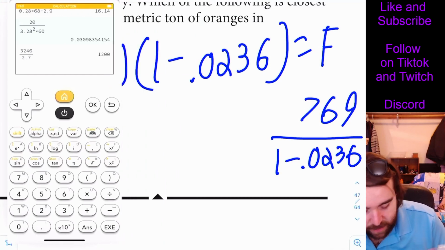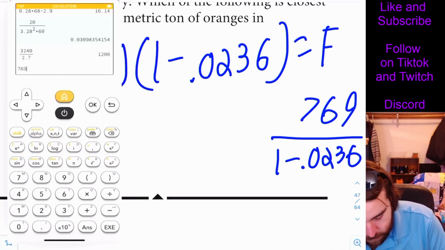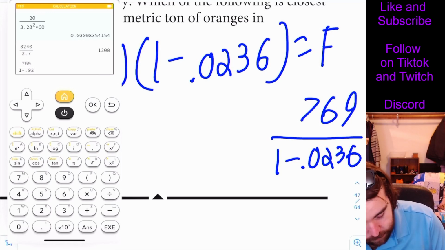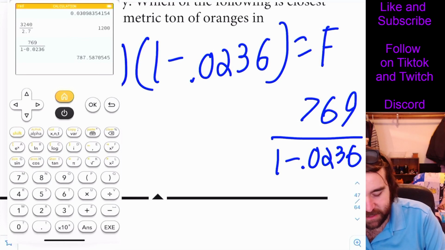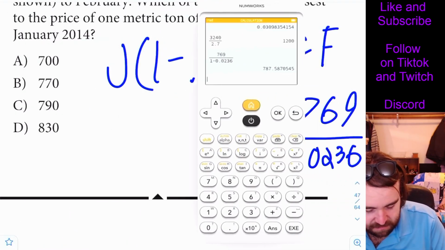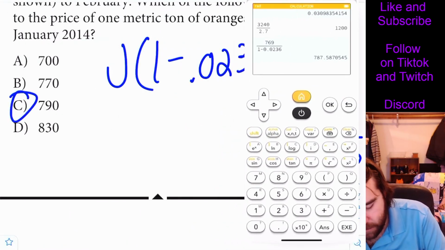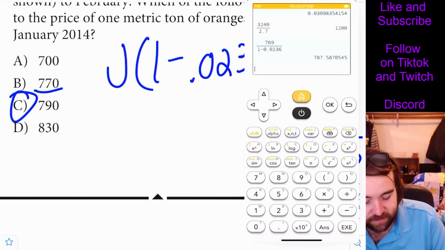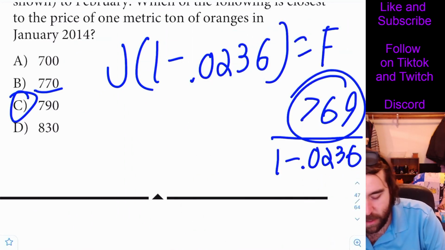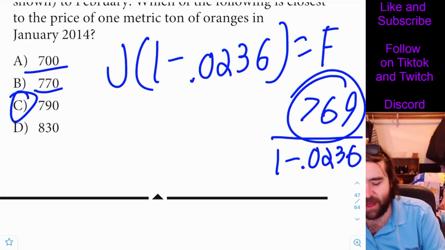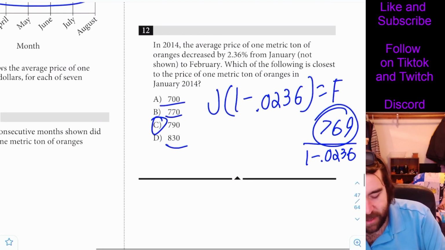And then we'll just have to estimate once we get that number. 1 minus 0.0236. About 787. How's that look? 790? I like it. It's definitely not 770 because that was our estimate here. And it's more than that, but it's not that much more than that. So yeah, I definitely like C.